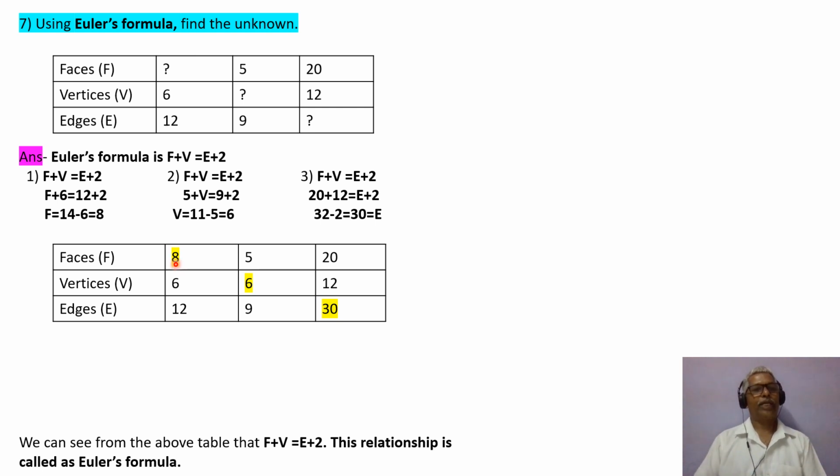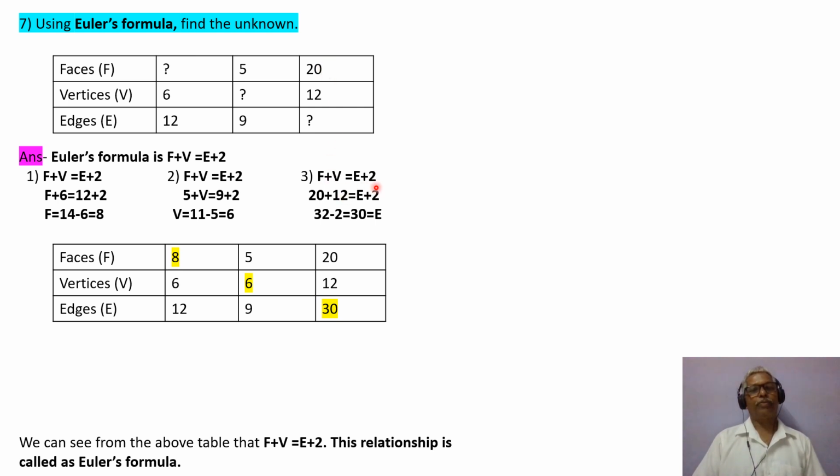Copy it down in the table here, and this answer is marked in yellow. Okay. Second one, F plus V equal to E plus 2. F is given, V is to be found out, equal to 9 plus 2. Now you can see this is 11 and this goes on this side. So V equal to 11 minus 5 is 6, written here. Okay. And this is still simple.